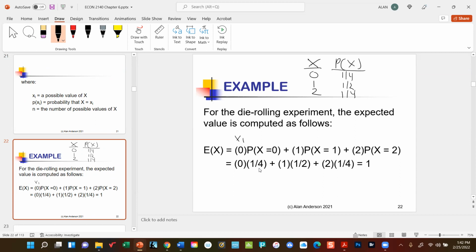How about x1, x2, and all right, so we substitute in the numbers. 0 is multiplied by a quarter, 1 is multiplied by a half, 2 is multiplied by a quarter. We add these up. And we end up with 1, which means on average, if we roll the die twice, we should expect to get one even number. We don't always get 1, but on average, we should get 1.